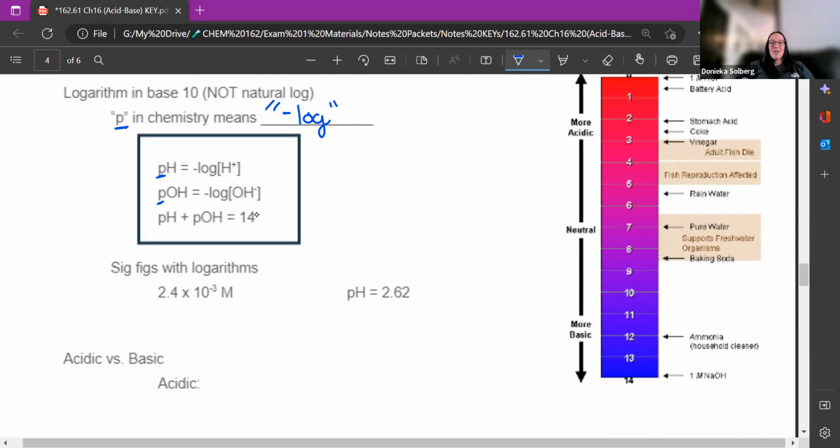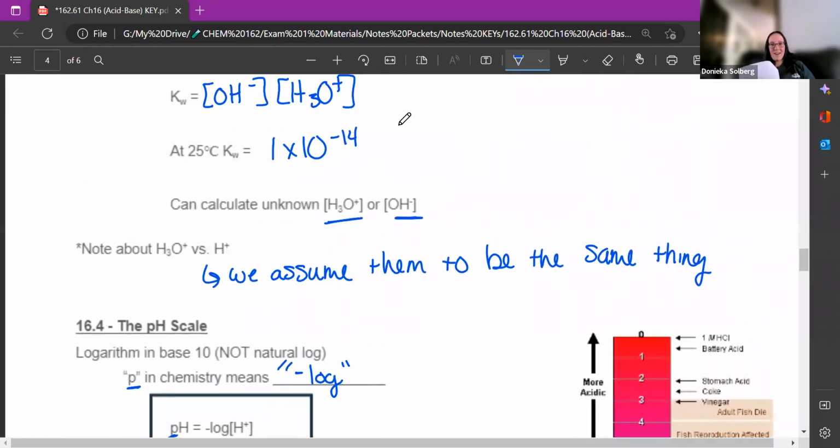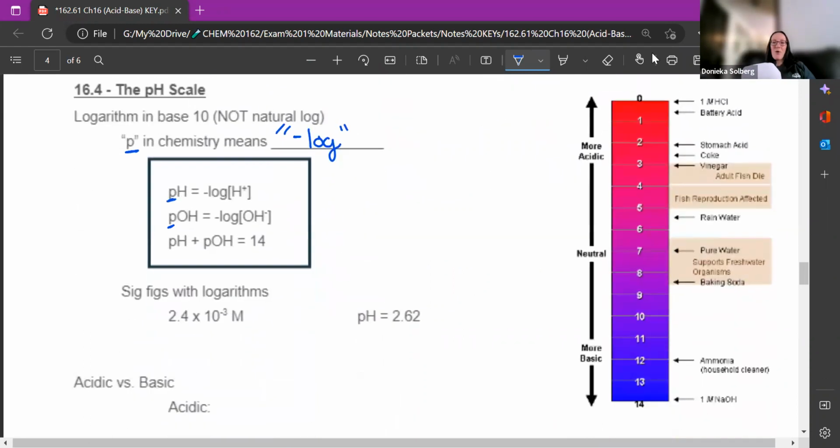And now when you add these together, you get 14 because the negative log of this plus the negative log of this equals 14. Because when you're taking log base 10, if you did the negative log of 1 times 10 to the negative 14, what would you get? 14. So this is kind of how that whole 0 to 14 scale works. It's based on these H plus and OH minus concentrations.